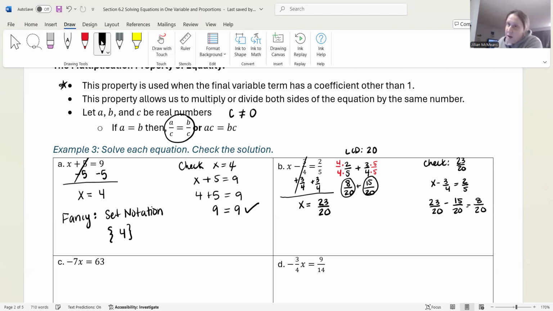So now everything has a common denominator, which is kind of nice. And we need to subtract on the left. So 23 twentieths minus 15 twentieths. Well, 23 minus 15 is 8. And we get that 8 twentieths equals 8 twentieths. Everything checks out. So we can write our final answer.